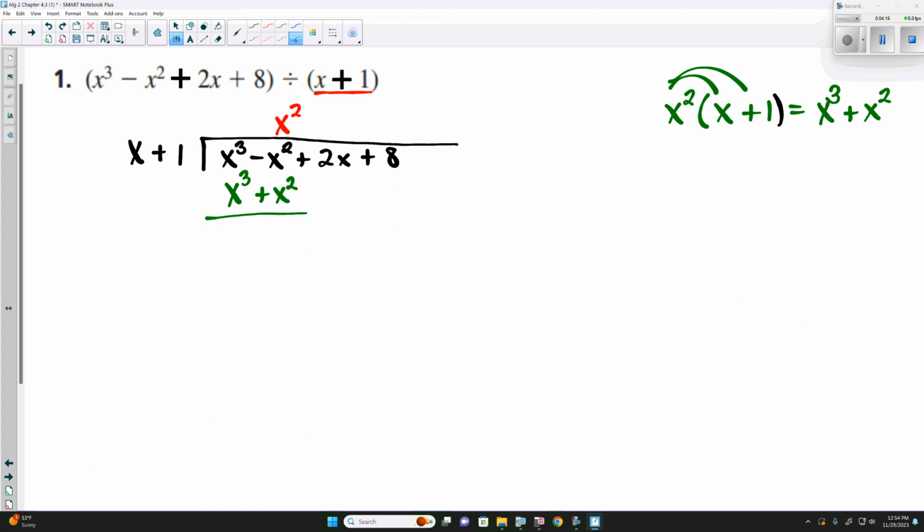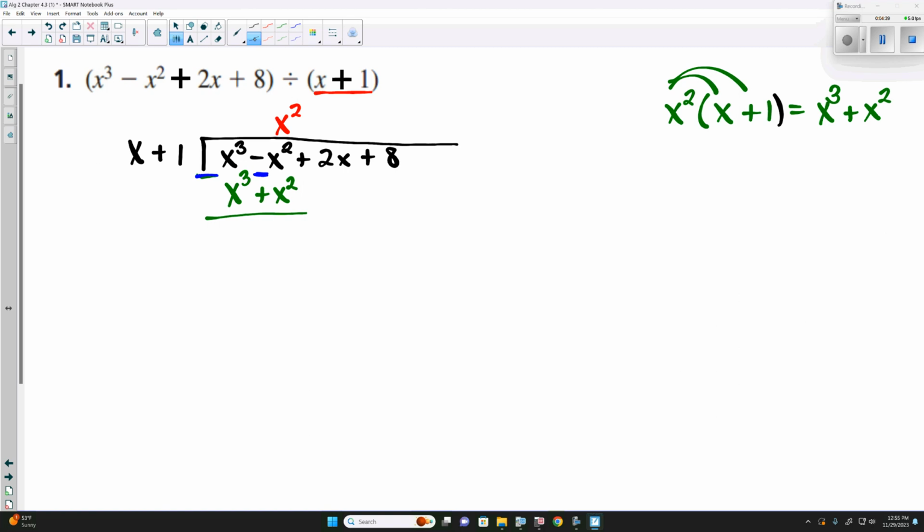Now that we've multiplied it out, we got x cubed plus x squared, and we line it up with its like terms in our problem here. Our next step in the process will be to subtract. But before we do that, are there any questions on this so far?